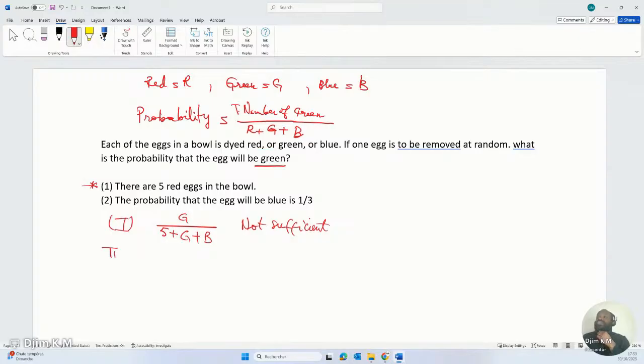The second condition says the probability that the egg will be blue is 1 over 3.